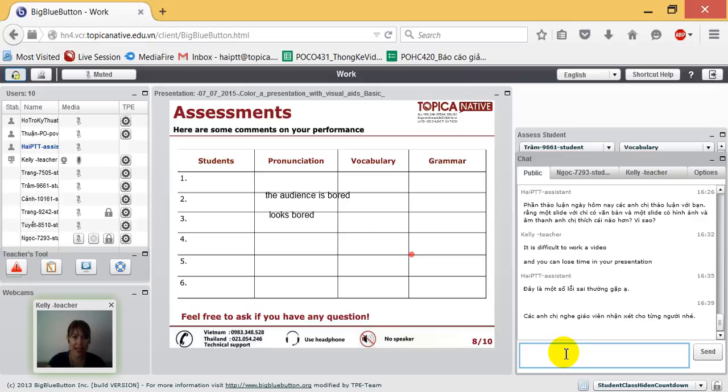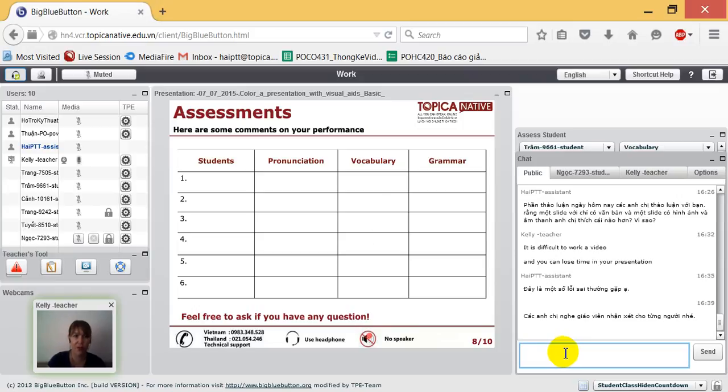We would not say the audience looks boring if we are talking about whether they like the presentation. We would instead say the audience looks bored, which means that they're uninterested. Hopefully that's a little bit more clear.